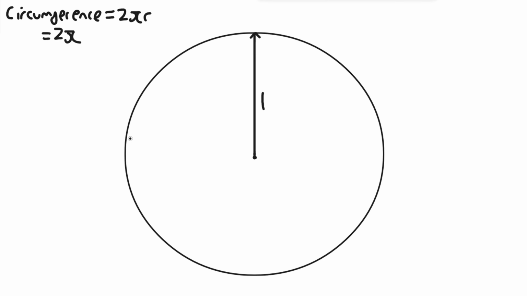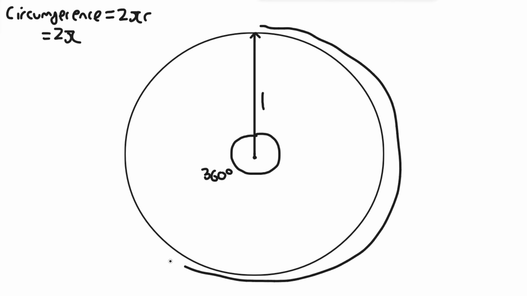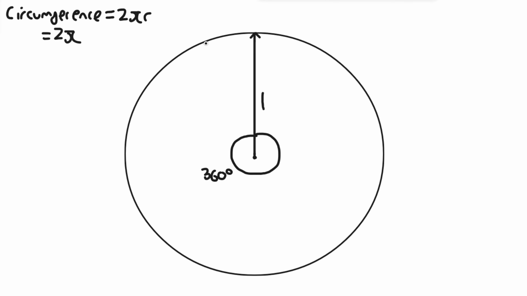And we sort of consider the whole circle to have an angle of 360 degrees, because remember 360 degrees goes the whole way around the circle, and you can see that 360 degrees covers the entire length of the circumference of the circle. So therefore this is where this relationship of 360 degrees is equal to 2 pi comes from.